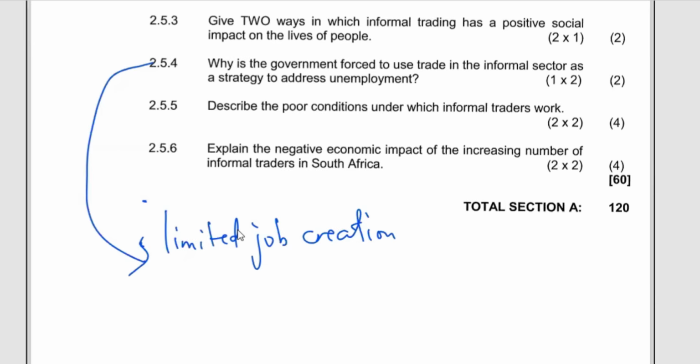And we can also justify that because there is slow economic growth in the country. The economy is growing slowly. And hence, there is no incentive for the government to treat those people as unemployed because already they are gainfully having a source of income.